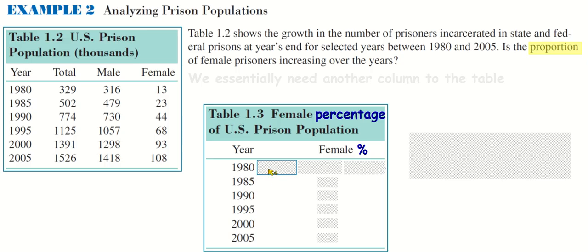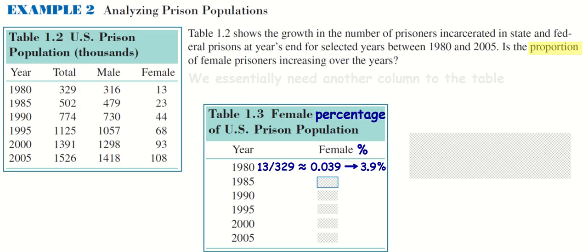So in 1980, how do we figure out the percentage of the total that were female? Well, you just got to do 13 divided by the total, 13,000 females divided by the grand total. That'll get you a decimal, which you can then easily turn into a percent.